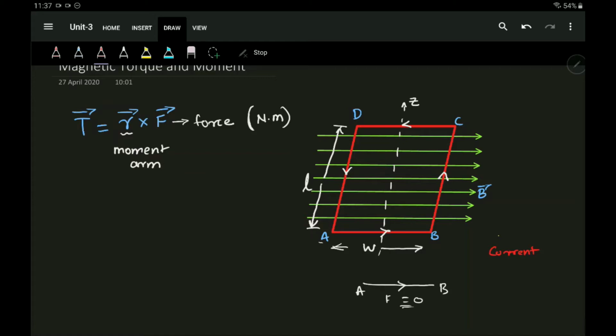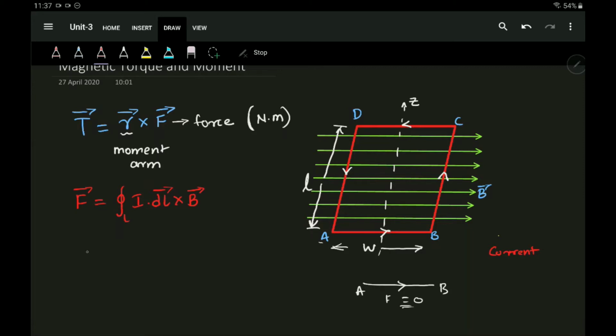How can I solve for the force? In our previous section we discussed force as the closed line integral of I dl cross B, the magnetic field acting upon it.